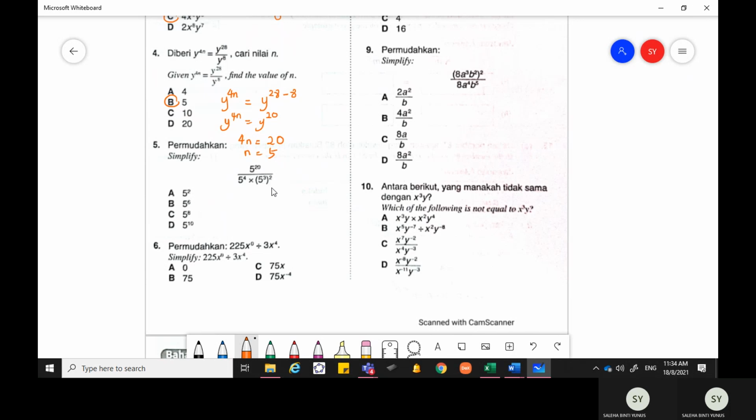So kita kena simplify this one. So in general, if you have form like this, a to the power of m to the power of n, kita boleh simplify, will be a to the power of m times n. So same goes to this one. 5 to the power of 3 to the power of 2 will be 5 to the power of 6.